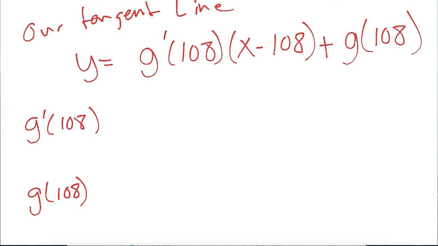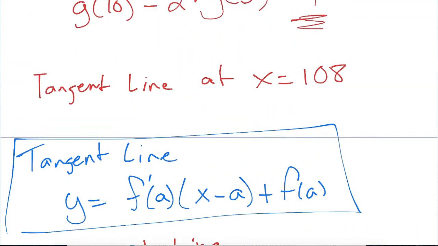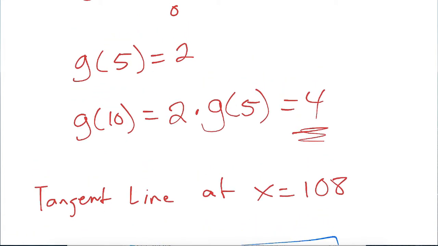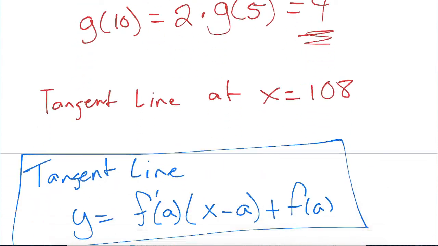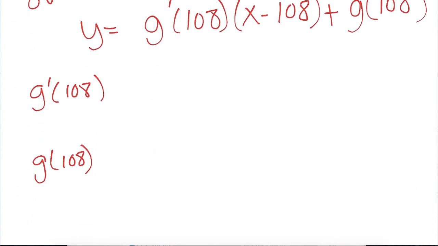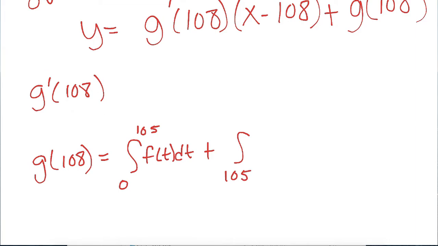Well, if you think about what just happened in the last problem, when g of 10 was 2 times g of 5, we should know that this thing repeats every 5 units. So g of 108 is the integral from 0 to 105 of f of t dt plus the integral from 105 to 108 of f of t dt.